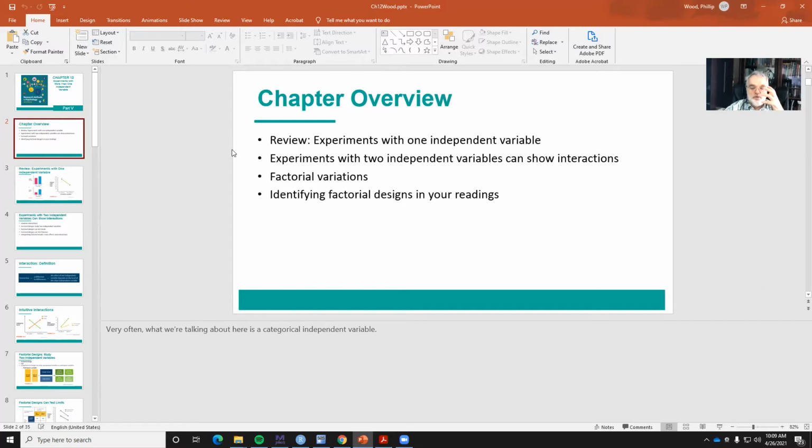One natural question is, well, what's a moderator effect and how is it different from the factorial designs we're looking at here? There is no difference. The only thing you could say is that we can do factorial designs that are not individual differences.